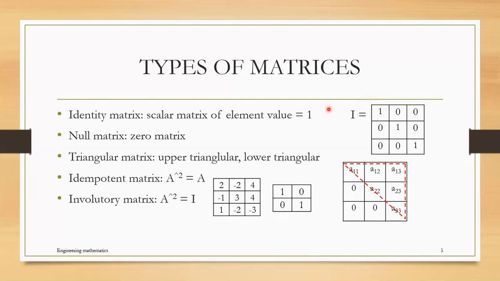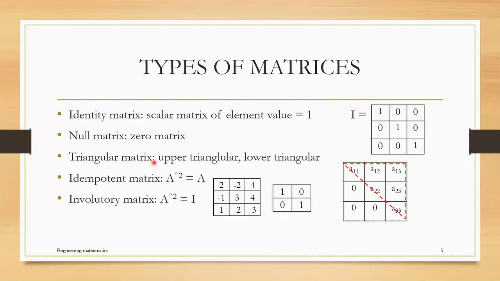Then we call it an identity matrix. Next, we have the null matrix. As the name suggests, it has nothing: null elements, or zero matrix. Every element of this matrix should be zero. Then we call it a null matrix.